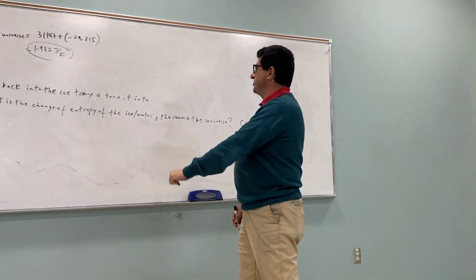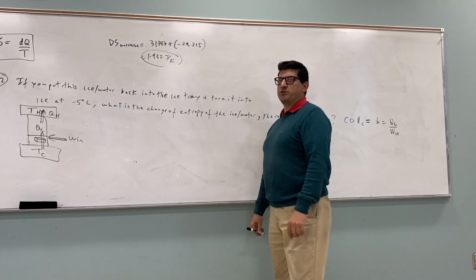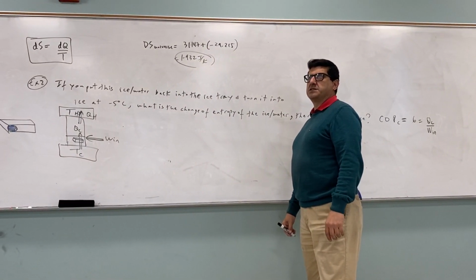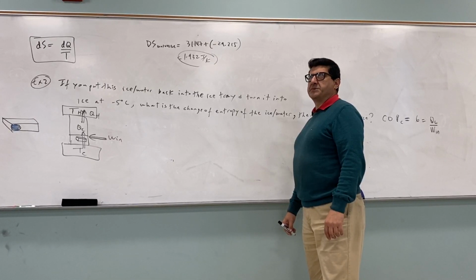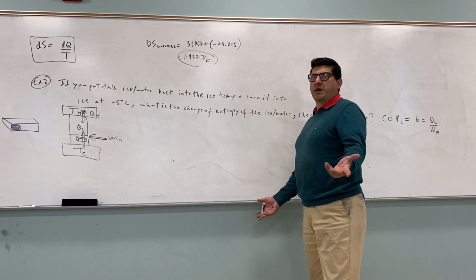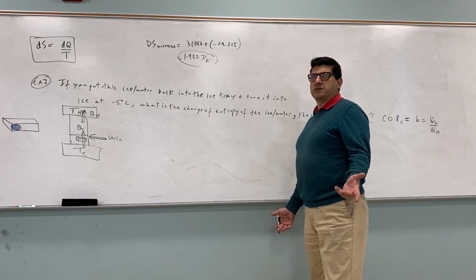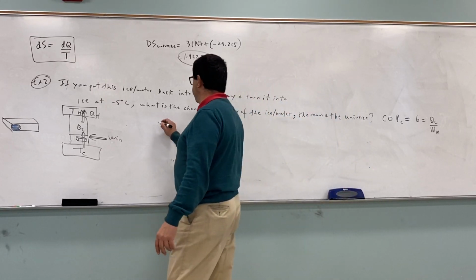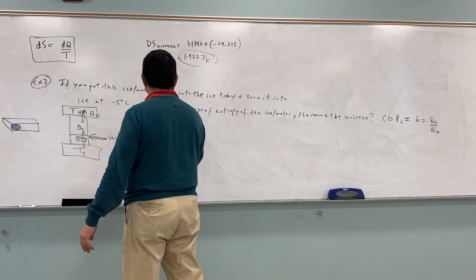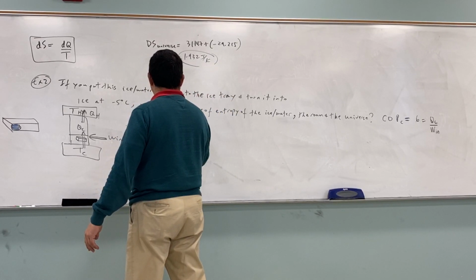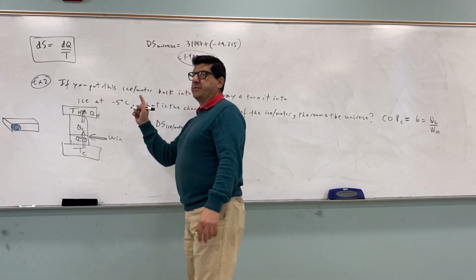Okay, so what's the change of entropy of the ice water? With the ice, it should be the opposite of the change in entropy when it melted, right? Because we're just reversing the process. So the change in entropy of the ice water, because we're going to go back down.